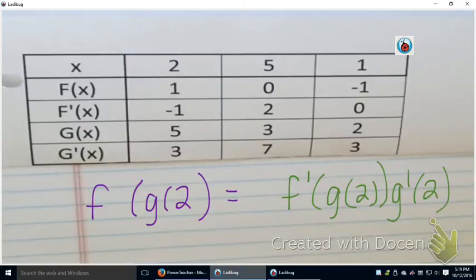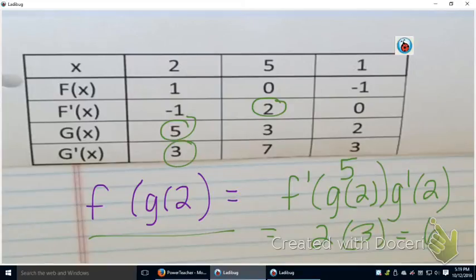You just never know how it might be written, and so again you go to g of 2, so that's 5, f prime of 5 is 2, g prime of 2 is 3, and so you get 6. So it might not have the h written, it might just have it written a different way.